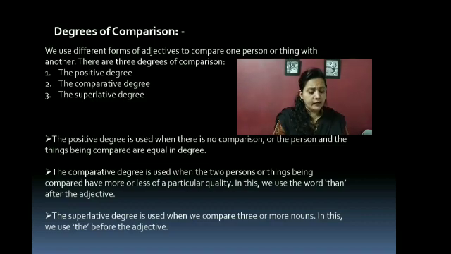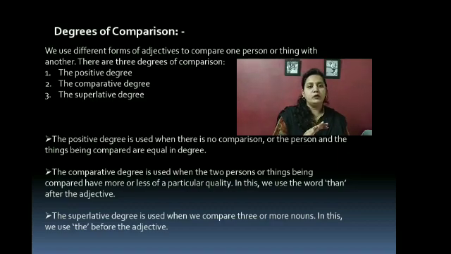Then superlative degree is used when we compare 3 or more nouns. We are not talking about 2. If we are comparing 2, then it is comparative. But if it is 3 or more than that, then you have to use superlative degree. It expresses the highest degree of some quality in a person or thing among all the others in a group.